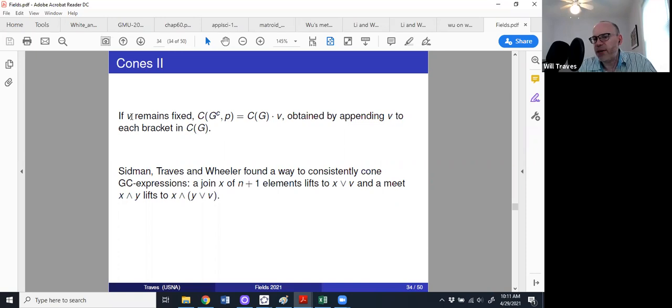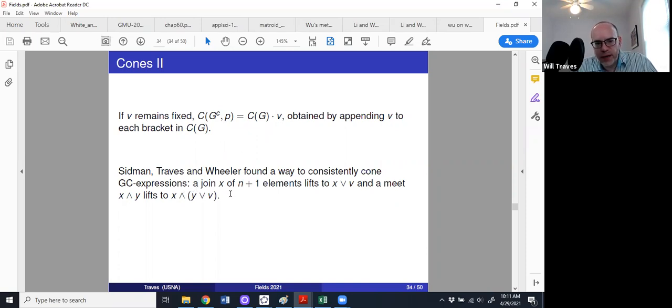It's somehow tied down. And I'll say that Jessica Sidman, Ashley Wheeler and I found a way to consistently cone not just the bracket expressions, but the Grassmann-Cayley factorizations for those bracket expressions. And I won't say too much more about it. It's pretty simple.